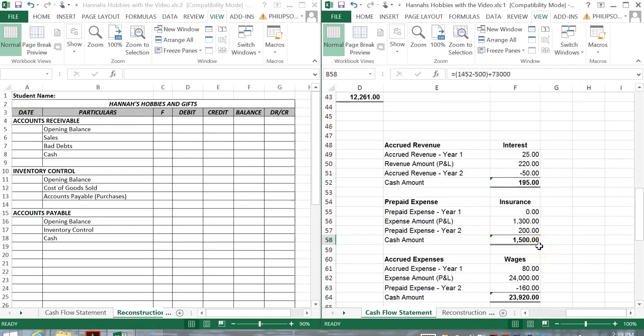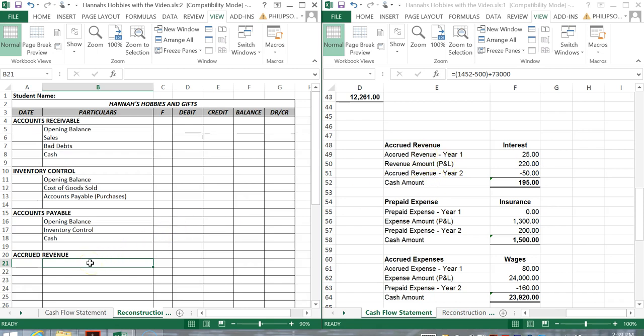So in Hannah's Gifts, we've got 3 over here, so we want to add those in. So accrued revenue, so we want pretty much almost as it is here, is it?